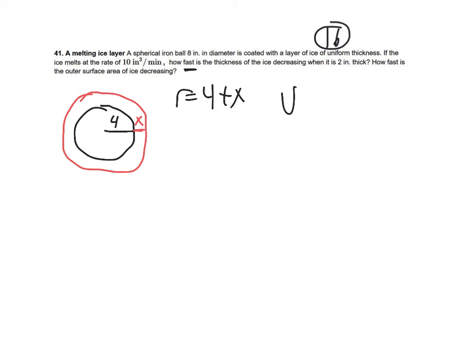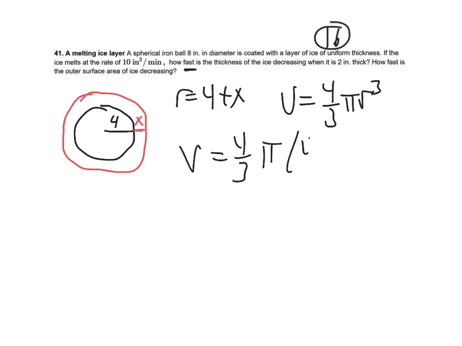We know the volume of a sphere is 4/3 pi r cubed. So let's go ahead and substitute 4 plus x for r. So V equals 4 over 3 times pi times (4 plus x) cubed. Now let's take the derivative.